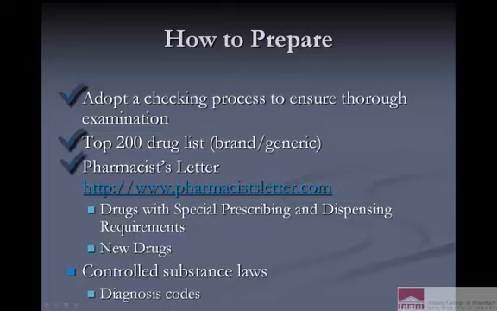The pharmacist's letter at www.pharmacistsletter.com is a very good place to look for information on medications that have special prescribing and dispensing requirements. It's also a good place to look for new drugs that have been released. The New York State Board Exam Part 3 is usually recent up to the last 3 months. Make sure you are familiar with your controlled substance drug laws as well and diagnosis codes for prescriptions.